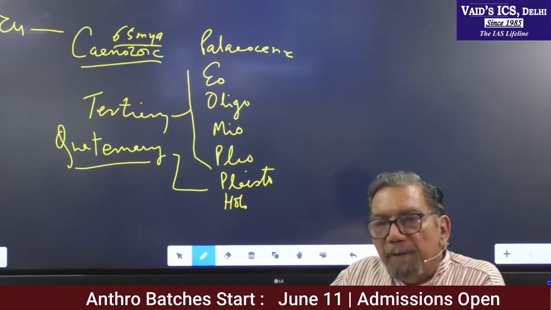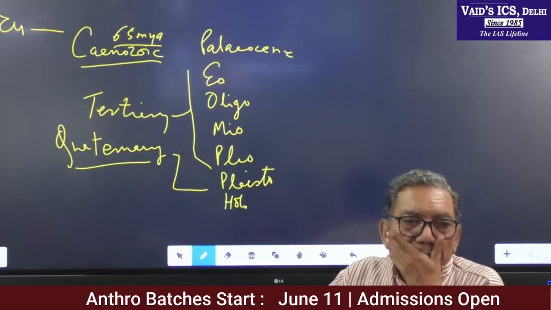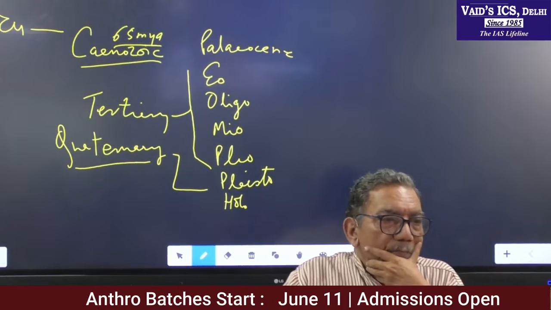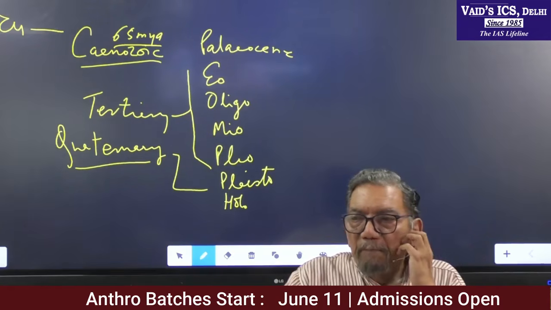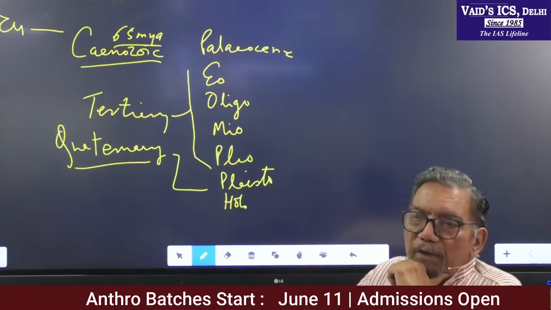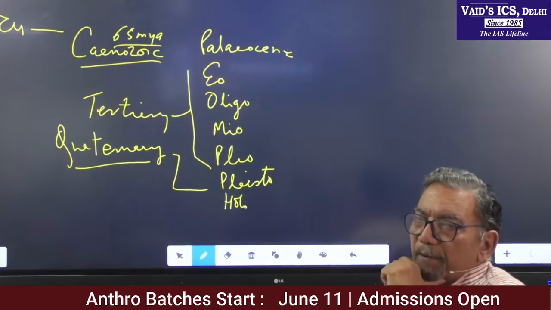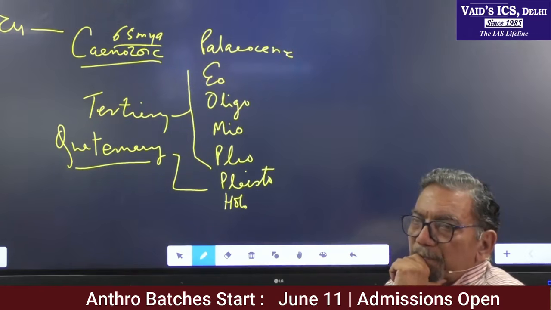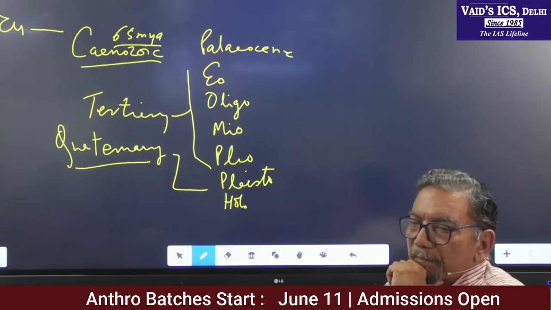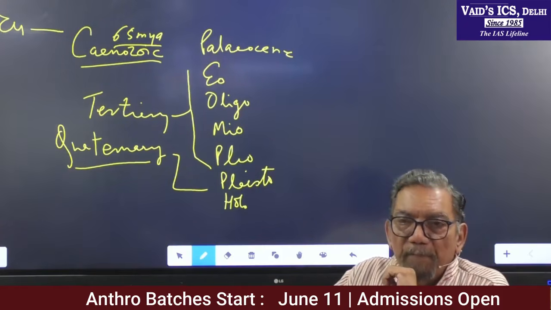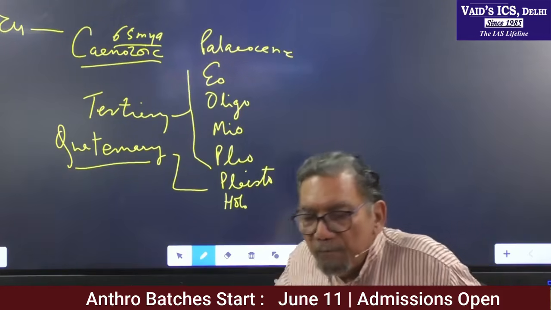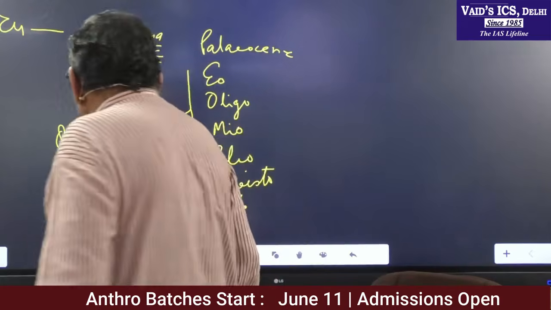True means present day primates. In Oligocene evolved apes. And apes continued during Miocene, but your syllabus starts with these Miocene apes.